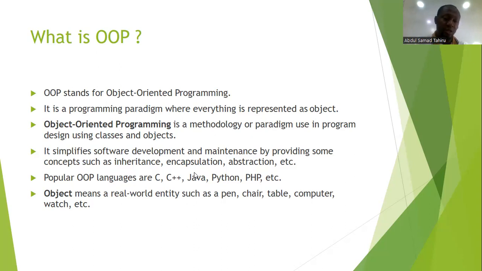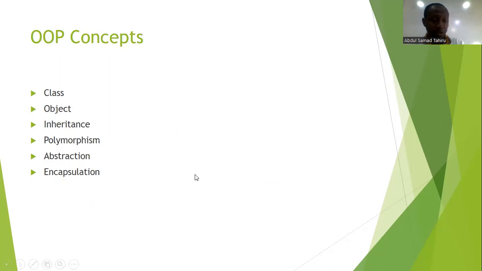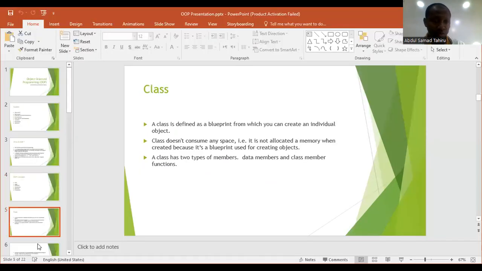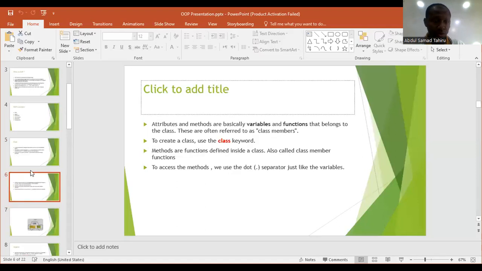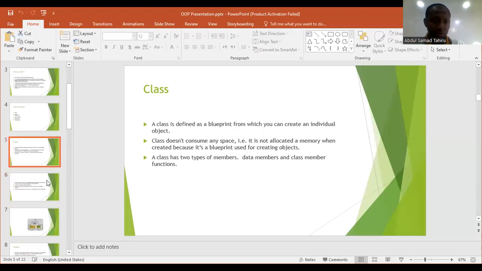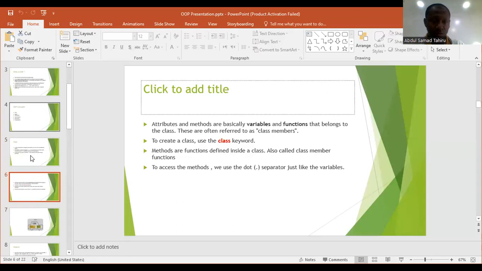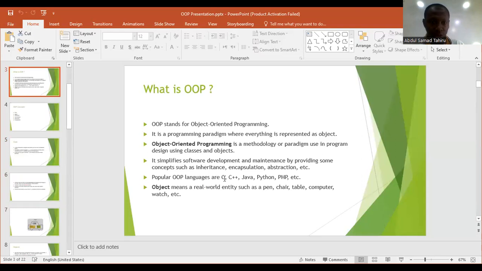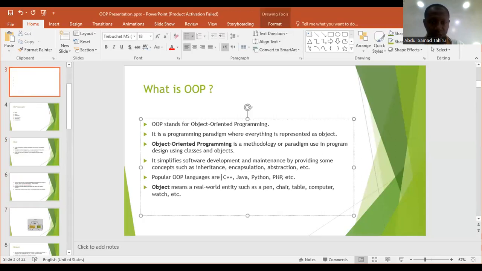We have key programming languages that make use of object-oriented programming. I think C is not quite one. Sorry for the inclusion. So C is not entirely object-oriented, so I'll keep it off.